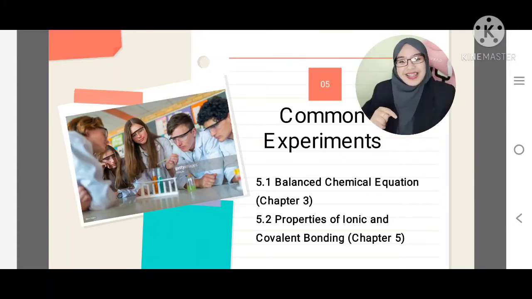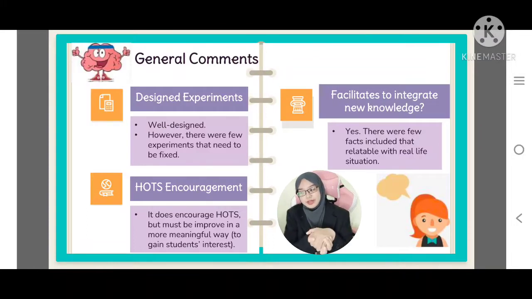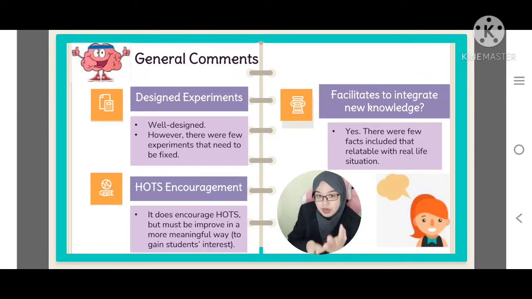So let's see. For the general comment, the design of the experiment is well designed. However, there were a few things that need to be fixed in this experiment. For the HOTS, higher order thinking skills encouragement, yes, they do encourage higher order thinking skills, but it must be improved in a more meaningful way, to gain students' interest.